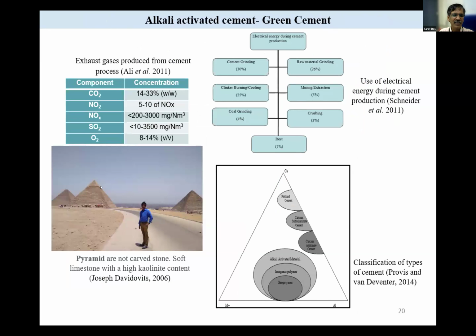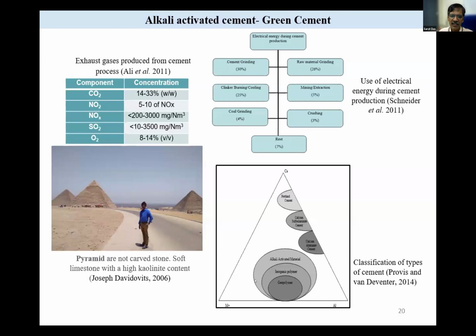I saw this diagram in a literature when I was visiting. It is written that the pyramids are not carved stone, but soft limestone with a high kaolinite content, which could be the activation of it in those days to prepare stones.